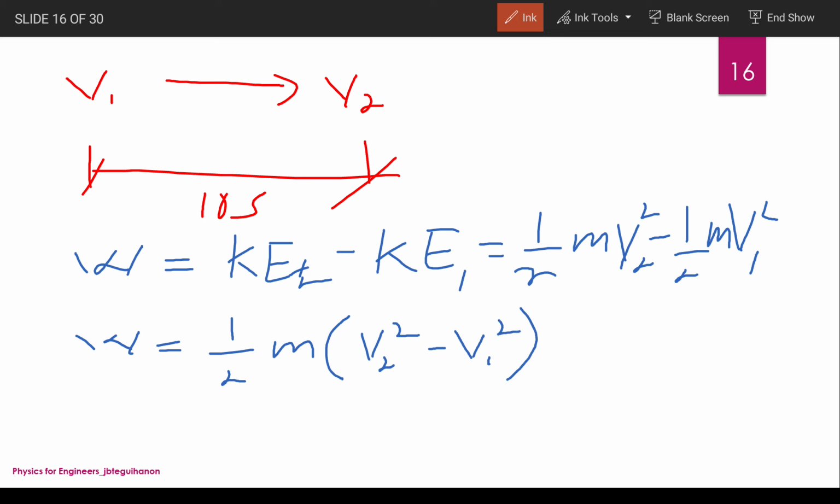So what you do now is you plug in the values: 1,200 kilogram, that's the weight of your car, divided by 2.